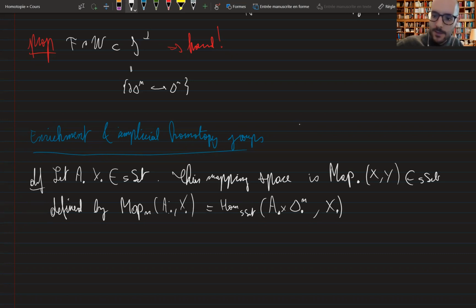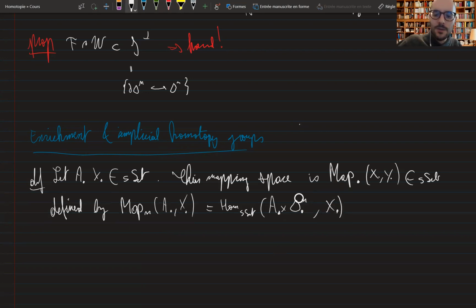All right, so this is a simplicial set. To get it in degree n, you take the simplicial set A, you cross it with delta n, which is another simplicial set, so you get a new simplicial set.